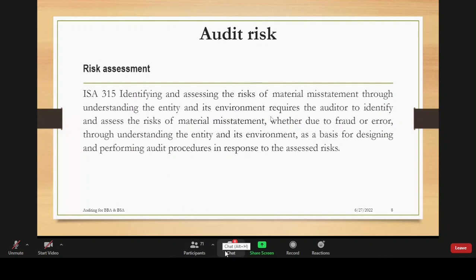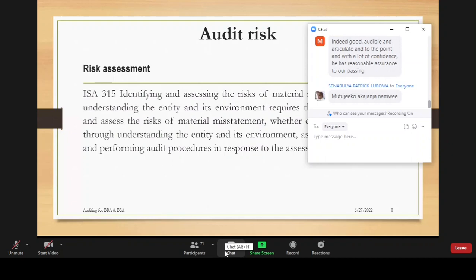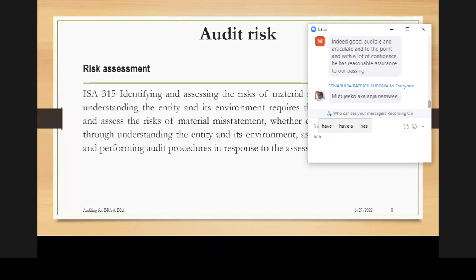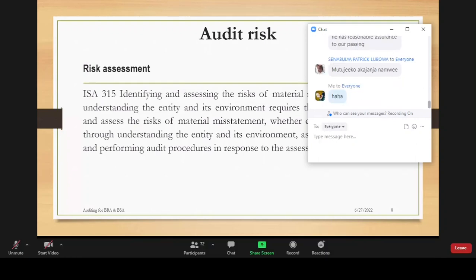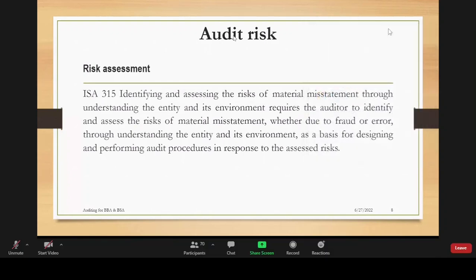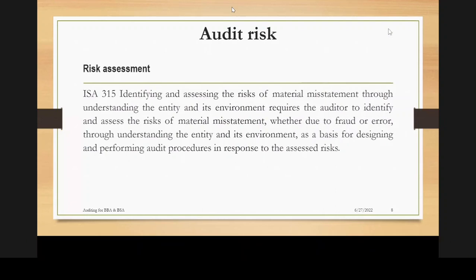Okay, so now I think we can look at risk assessment. What is done under risk assessment? It stems from what we call audit risk. Like I said, it is very important that as an auditor, you identify the likelihood that material misstatements may actually occur within an entity.